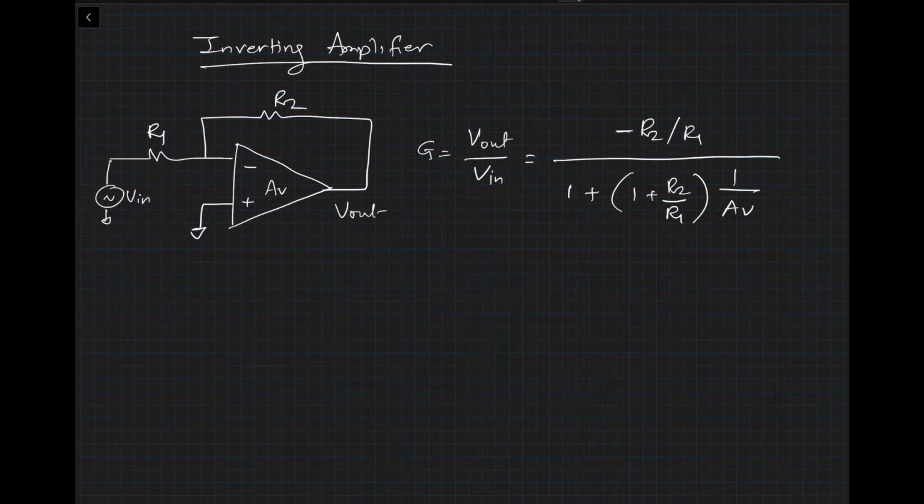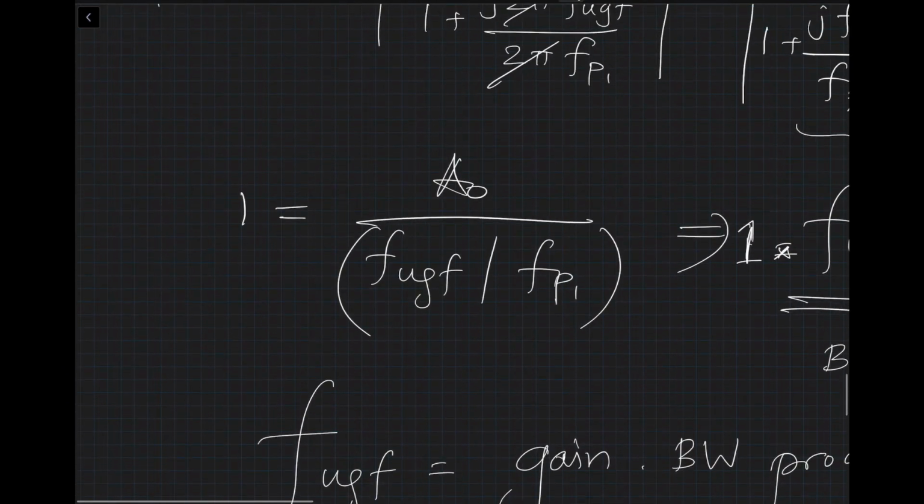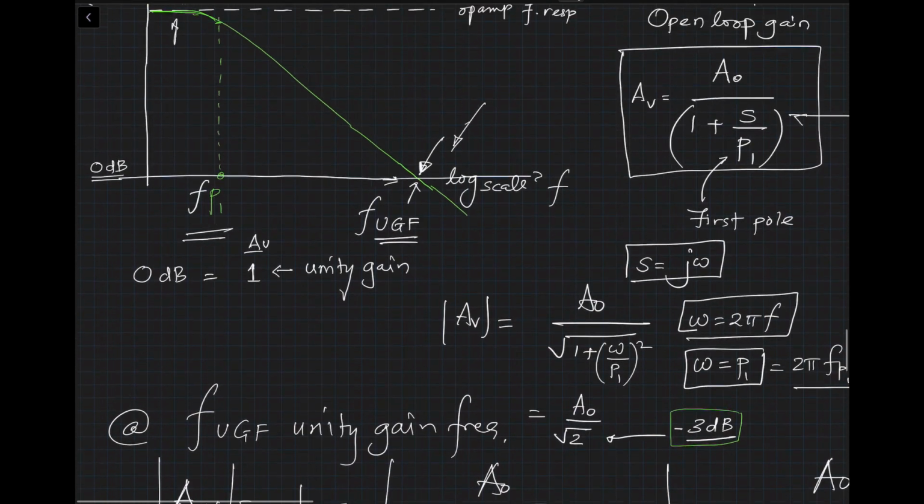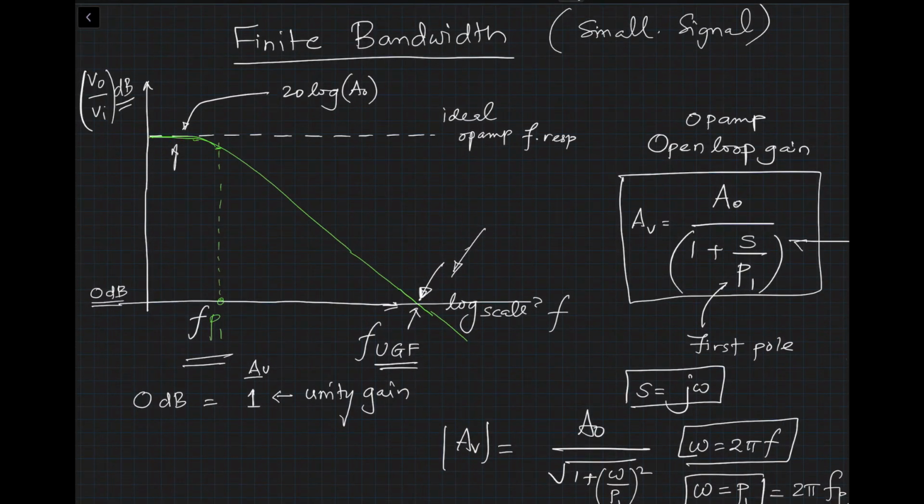Now we already went through one pole approximation for the op-amp, where we said that we can model the open loop gain of the op-amp as a single pole response. A0 is the DC gain when S is equal to 0, and as a function of frequency, AV is given by A0 divided by 1 plus S divided by P1, P1 being the location of the first pole.